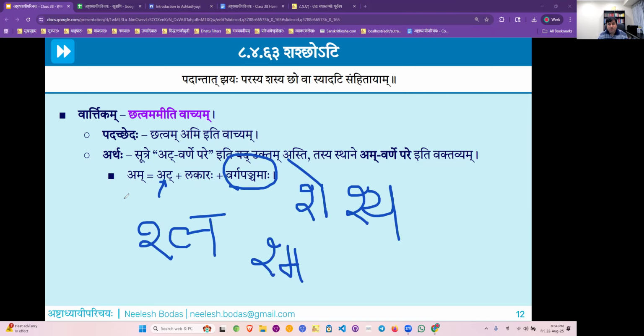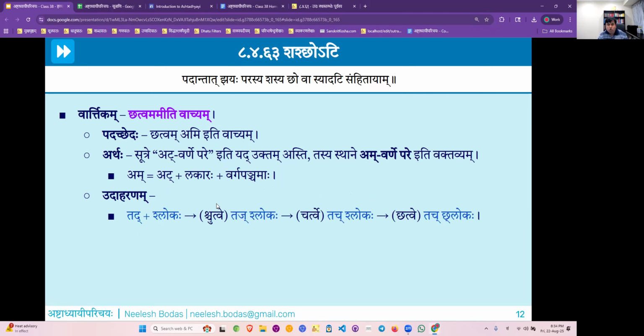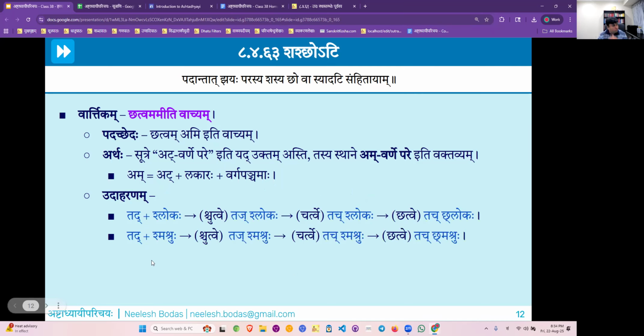So in this particular way, the varga panchamas and the lakara after the shakara are now allowed, therefore are seen in the Chatva Prakaranam, and therefore Vartikakara has said Chatvam ami iti vachyam. So let's take one example of shlokaha and one example of shmashruhu.